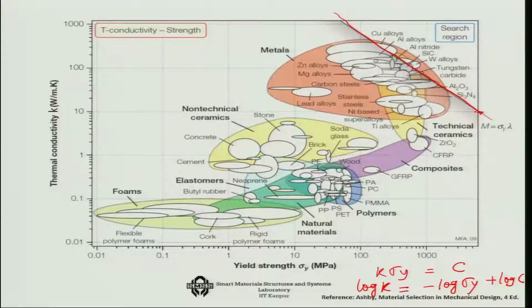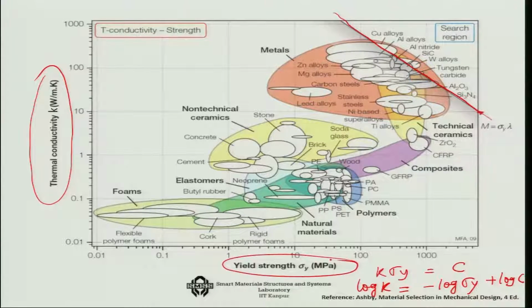This is the relationship between thermal conductivity and sigma y. With this negative relationship, all I have to see is everything beyond this point, because everything below this point is not suitable for the heat exchanger design here up to 150 degree centigrade.